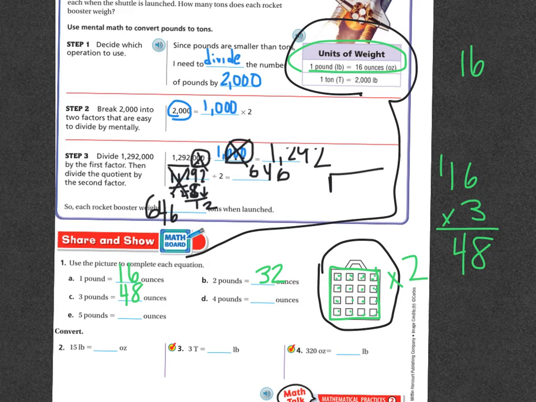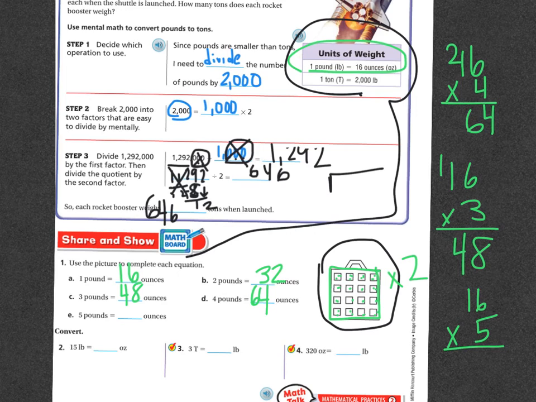Again, it's 16 ounces, so times 4. 4 times 6 is 24. Carry the 2. 4 times 1 is 4, plus the 2 is 6. Okay, guys, you get it. Do letter E, and obviously you're going to multiply 16 times 5. Do that on your own and fill in the blank.